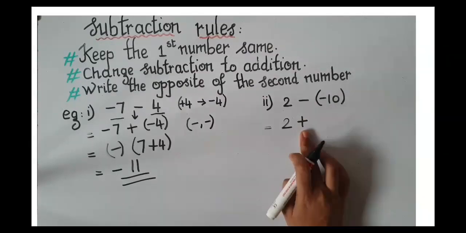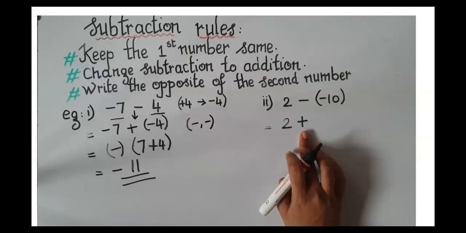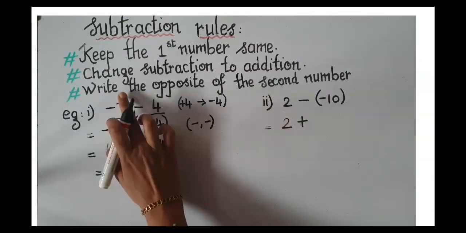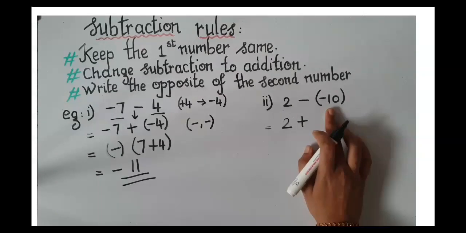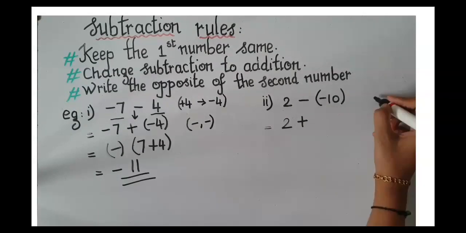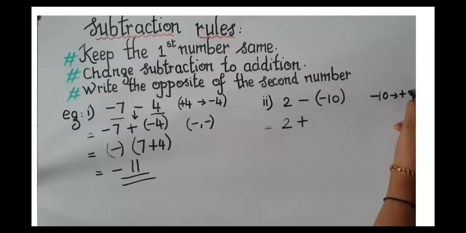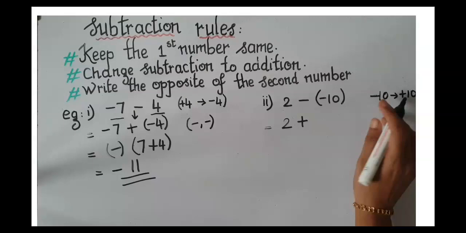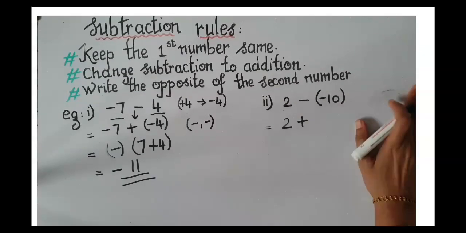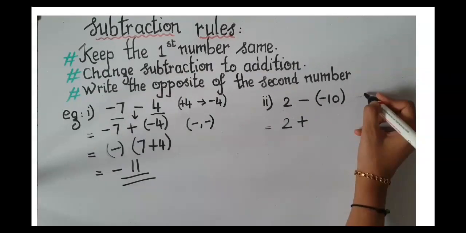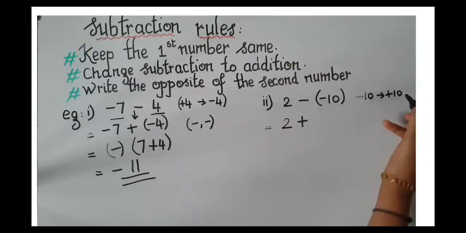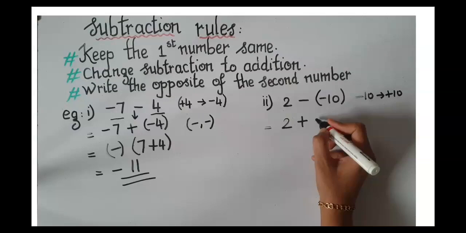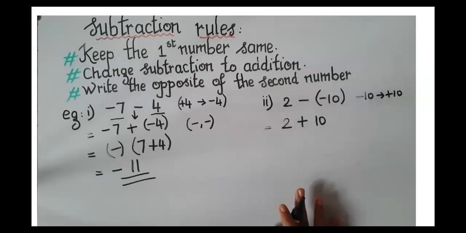And the third thing is, write the opposite of the second number. So -10. The opposite of -10 will be +10. I'll be clearly writing it for you. The opposite of -10 is +10. So here the minus sign goes away. Only 10 remains because it is positive.